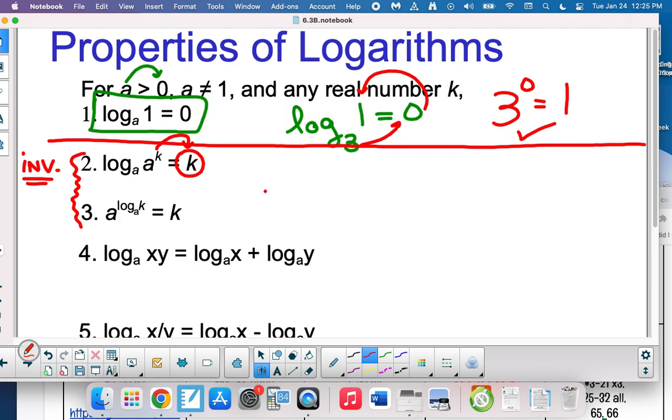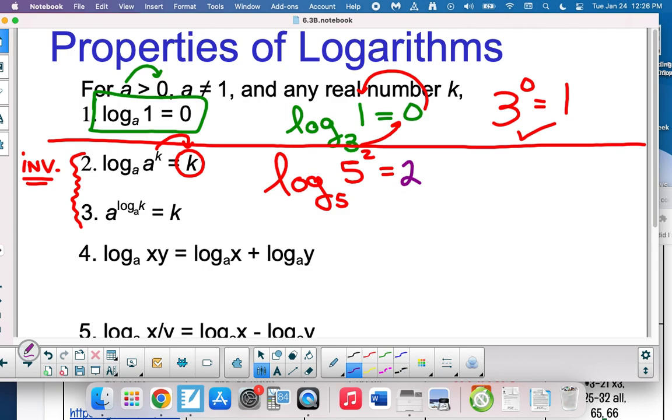Why does that work? Let's think of one: log base 5 of 5 to the second power. What's the answer supposed to be? 2. It says it right here: log base A of A to the k is k. Is it true?